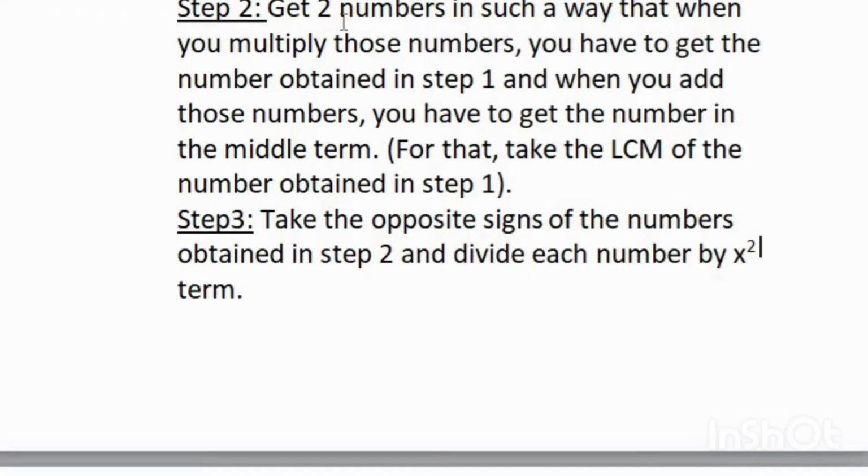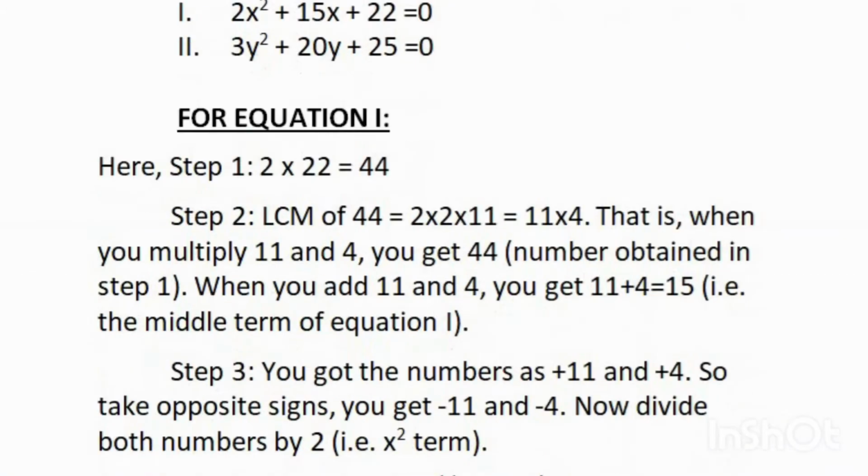In step 2, get two numbers in such a way that when you multiply those numbers, you get the number obtained in step 1, and when you add those numbers, you get the number in the middle term. For that, take the LCM of the number obtained in step 1. Means you got 44 in step 1, right?